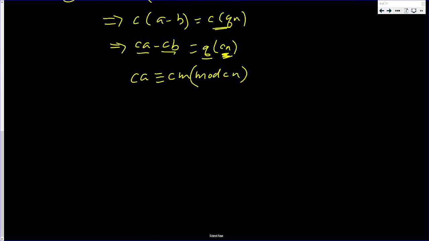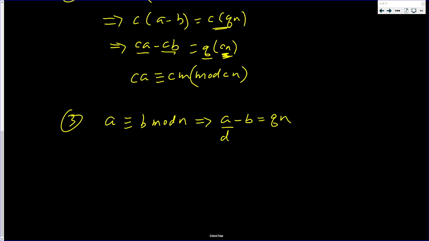Okay, next one's interesting. Number 3. You have A is congruent to B mod n. That means A minus B is a multiple of n. And they tell you that you can divide by d.